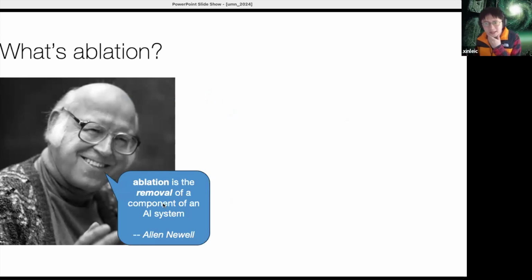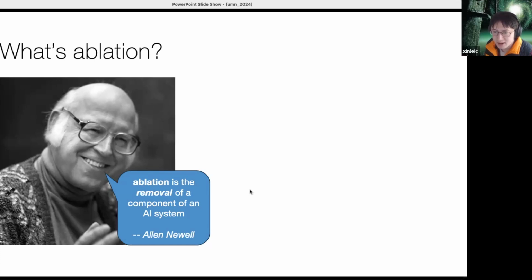So what do I mean by ablation? In fact, ablation is a term defined by Allen Newell. He's, I think, a very famous researcher, Turing Award winner from CMU. And he was making an analogy of removing things from a human body.